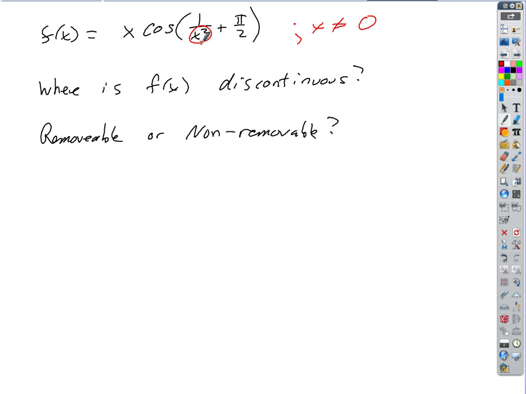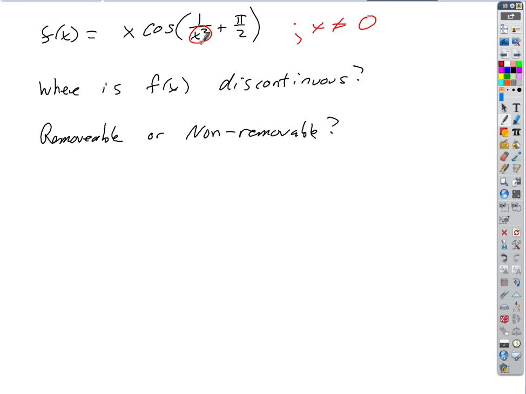We'd actually be fine, because 1 over x squared would go to 0, right? And you'd end up with 1 over x squared plus pi halves, which would just go to the cosine of pi halves, which is what, 0, right? Does that make sense? Okay, so even if that x weren't there, this one would be fine.